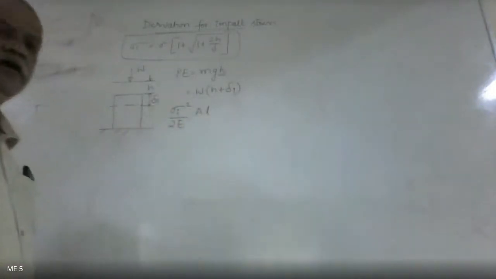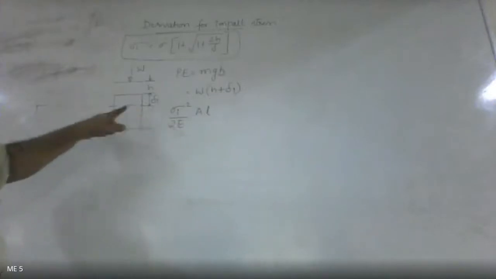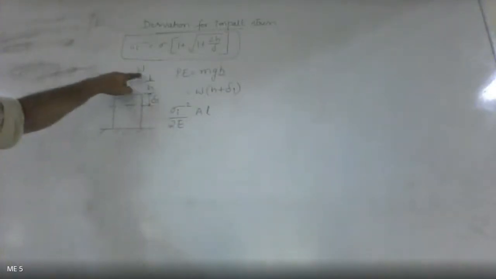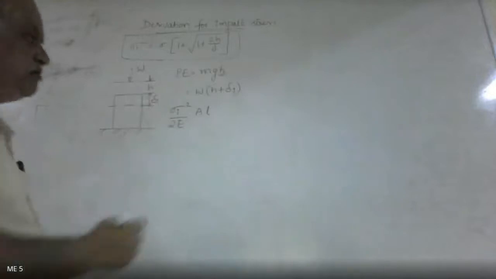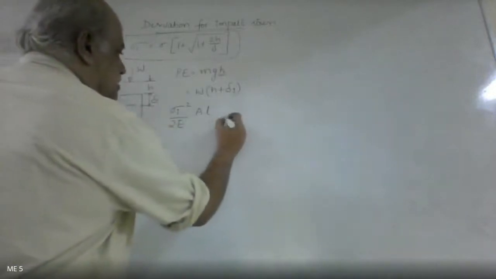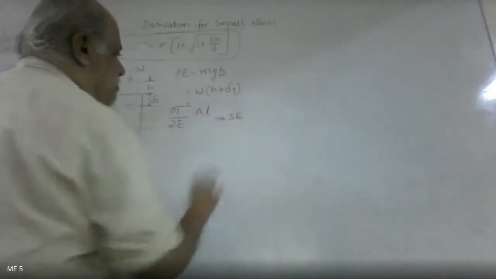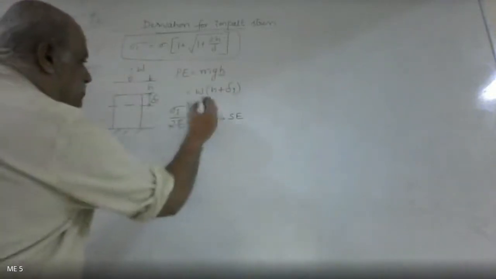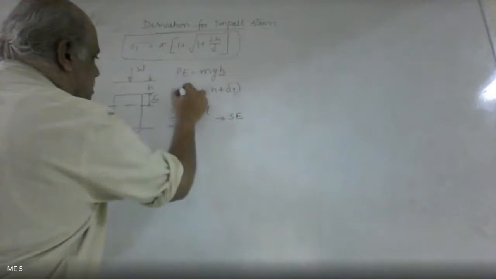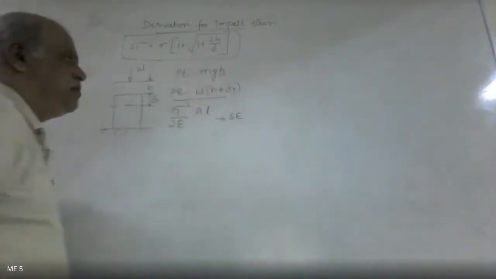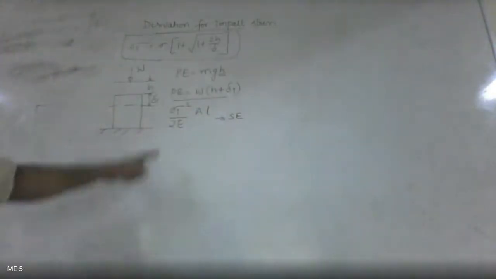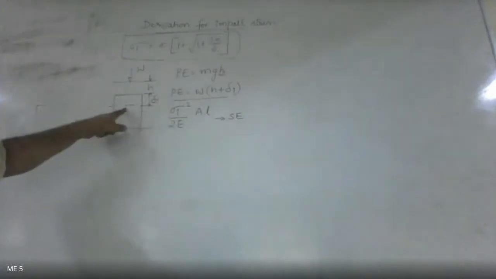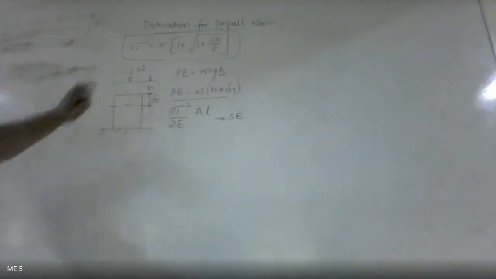That is the strain energy absorbed by the member because of the applied load W. And then the potential energy possessed by the body is given by W of (h plus delta I).